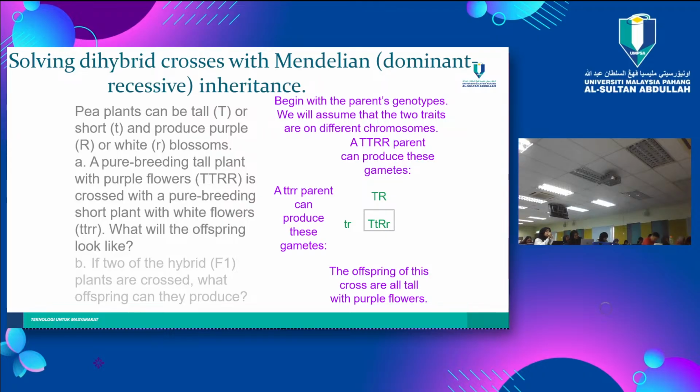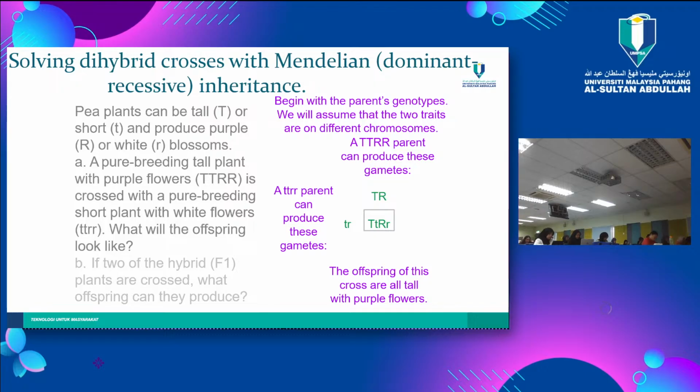In the offspring of the pure breed homozygous for dominant T and homozygous for dominant R, all are going to be TR in capital letters, and the homozygous pure breed of recessive t and r is going to produce this. All the resultant offspring of the pure breeds are going to give you the heterozygous of T and R.